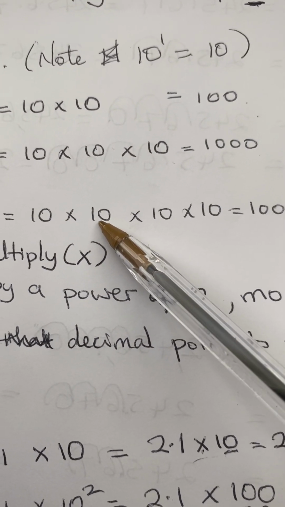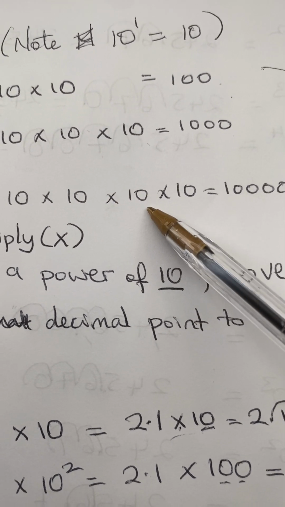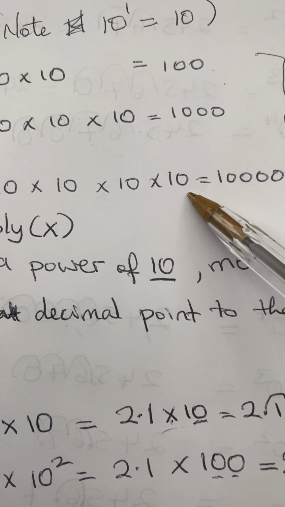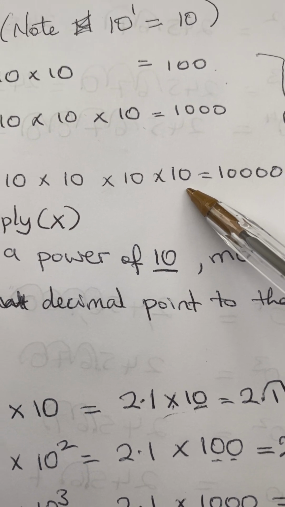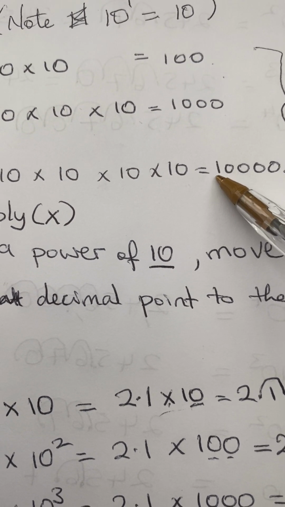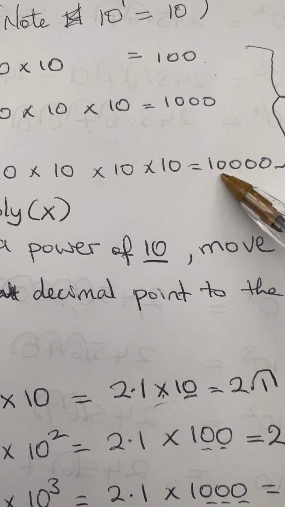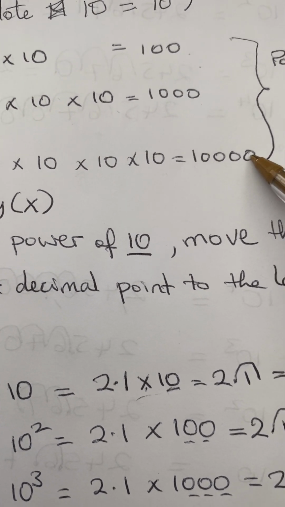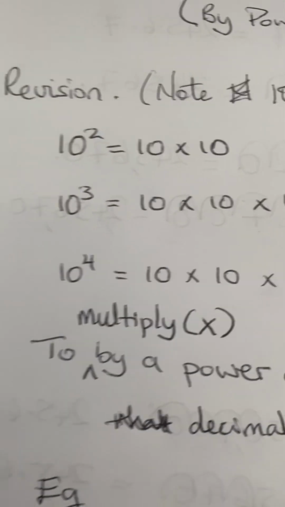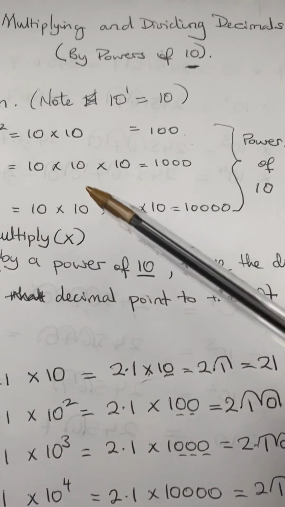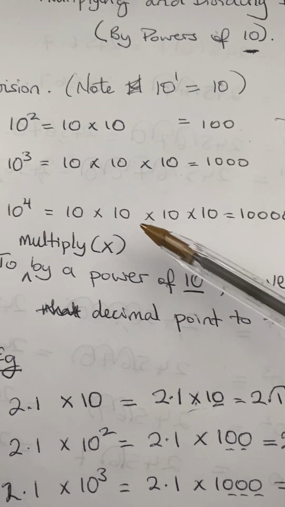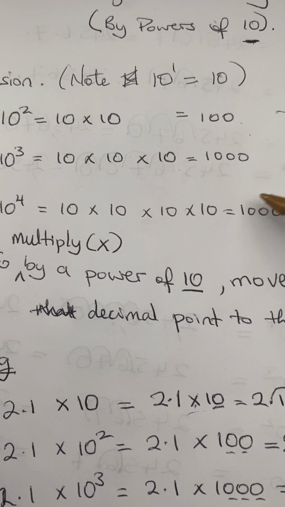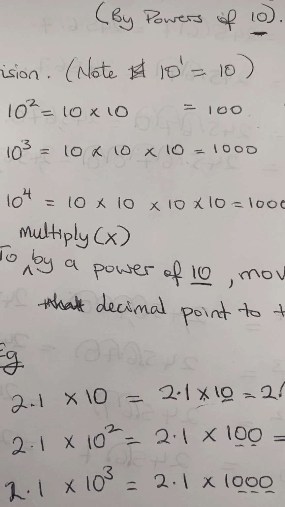So we have 4 zeros. We write the 1, and then we have 0, 1, 2, 3, 4. Okay, so this is a short revision just to show you how we break down the powers of 10.